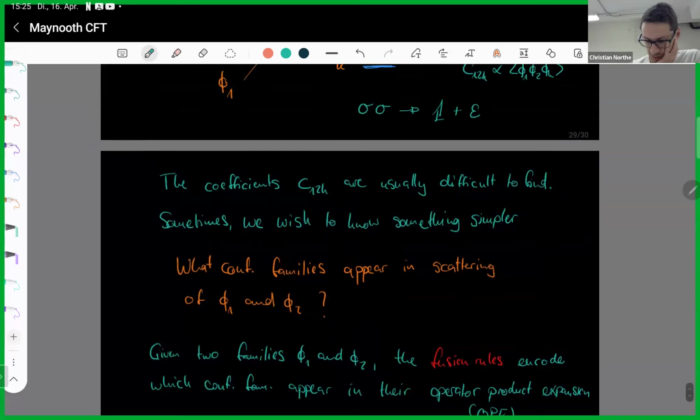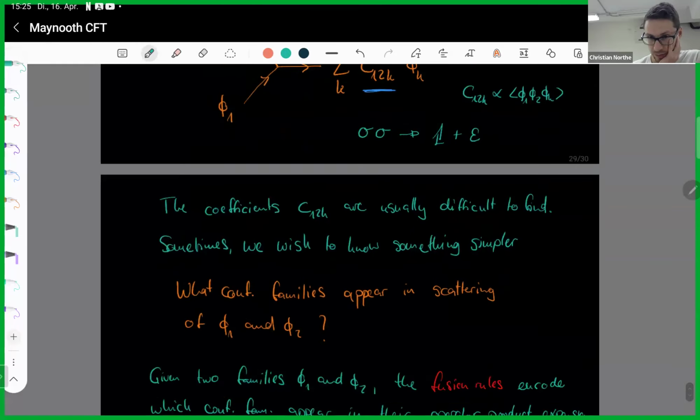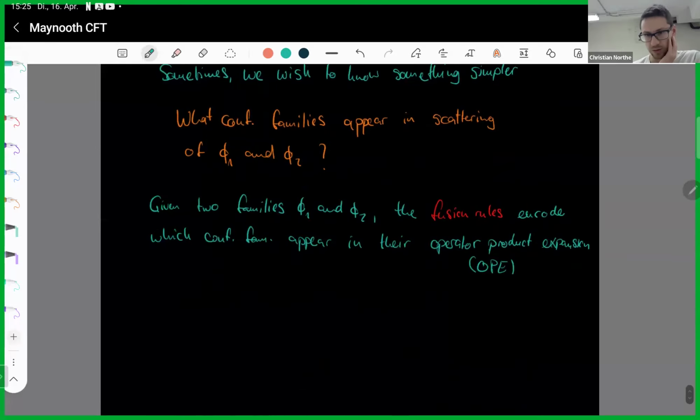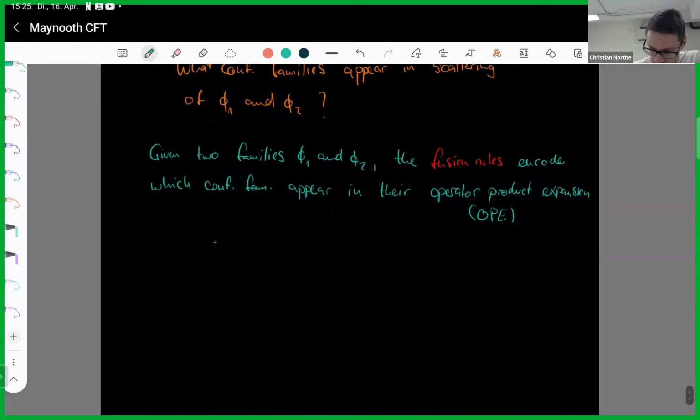I mean this diagram here, this vertex, what would you call it? Oh, this tri-vertex. Okay, so then fusion, I denote it like this.